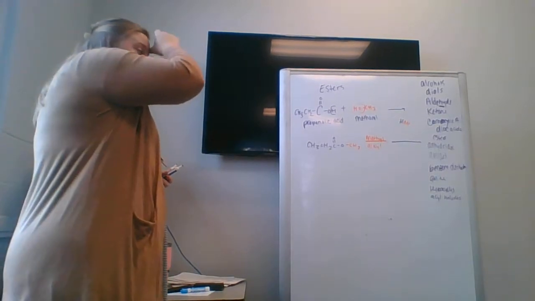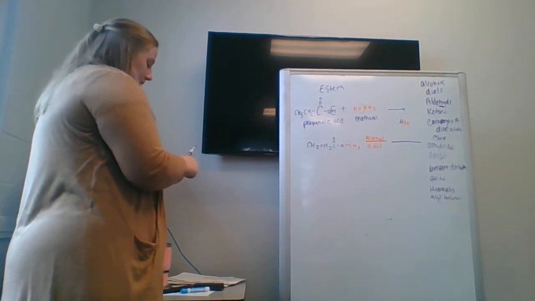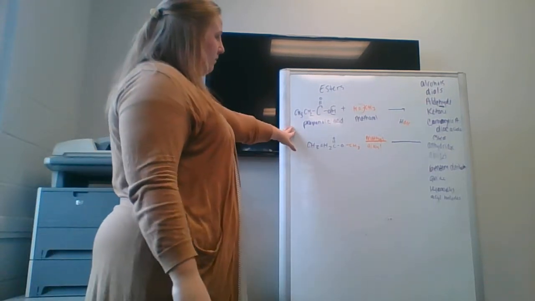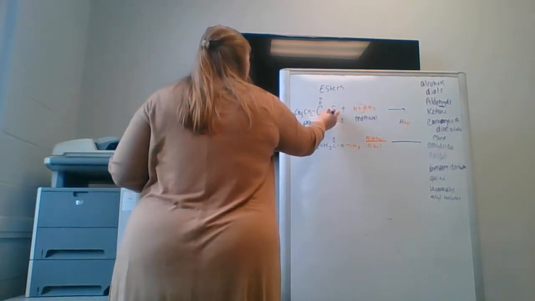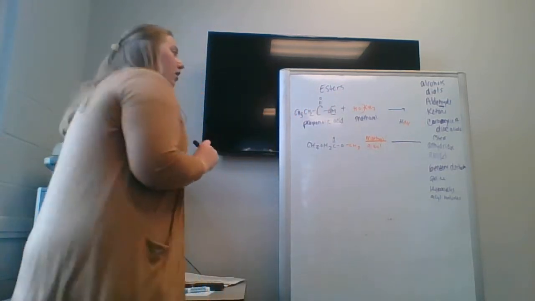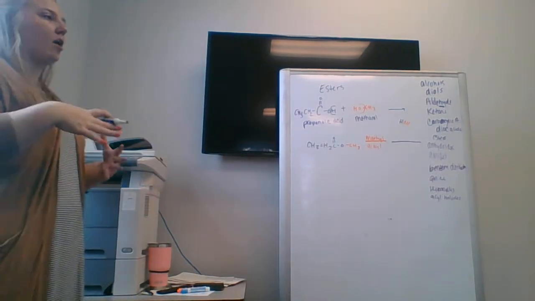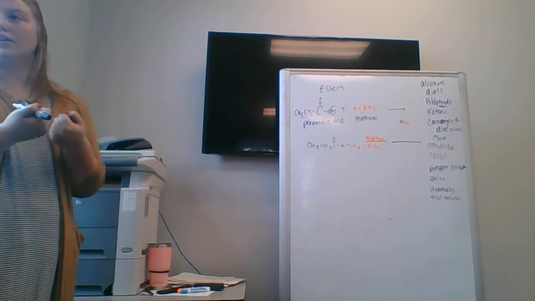Now bear with me because the next part gets a little annoying. We have a carboxylic acid. When we remove the hydrogen, we're going to leave a negative charge on our oxygen. So essentially what we're creating is a carboxylic acid salt. Remember, a salt just refers to something that has ionic charges.